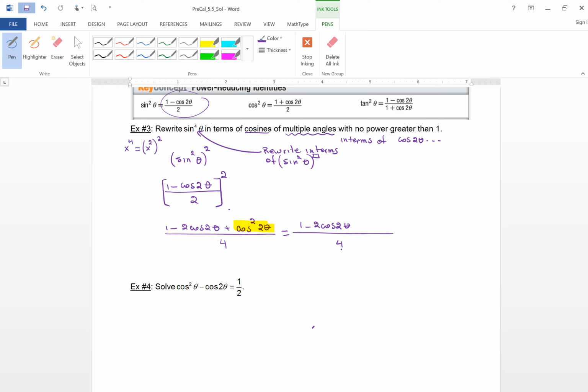So bear with me here. It's 1 plus cosine 2 of the angle. What's the angle here? 2 theta. So this says, if you have cosine squared theta, you do 1 plus cosine 2 times whatever your angle is here.